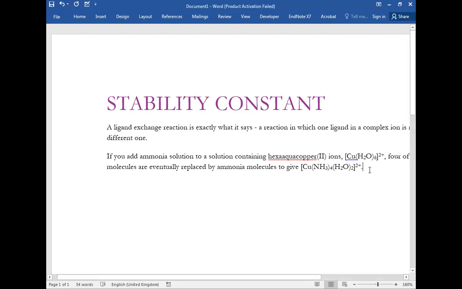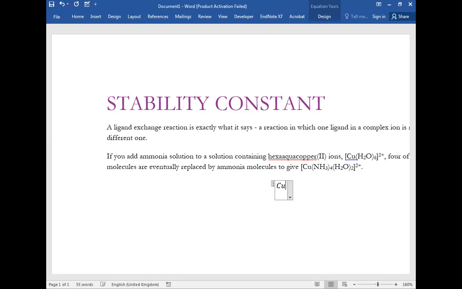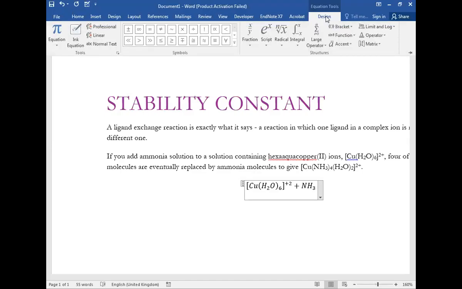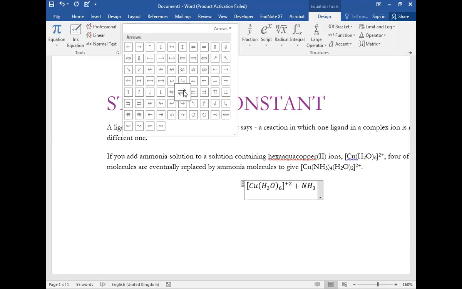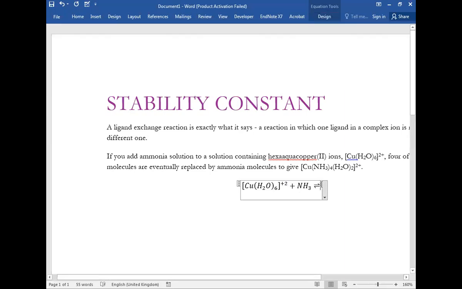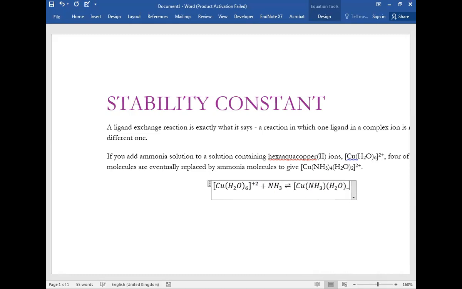So we can make equations where we write this complex like this: copper hexaaqua, with H2O, plus NH3, it gives me copper with one NH3 replacing and 5 H2O remaining, with a plus charge, and H2O.